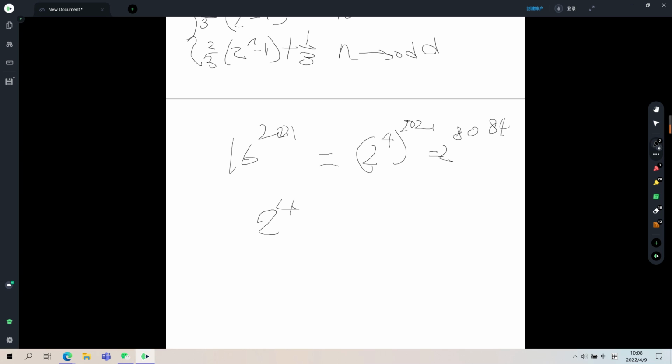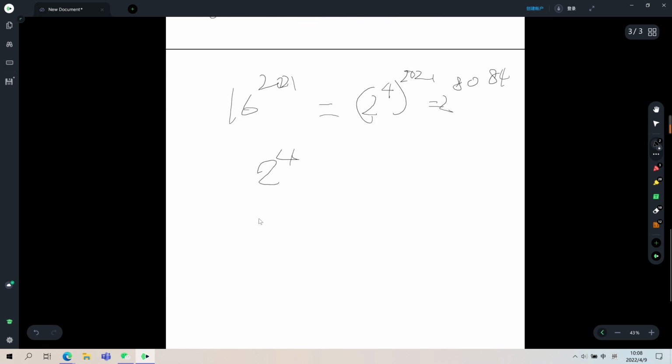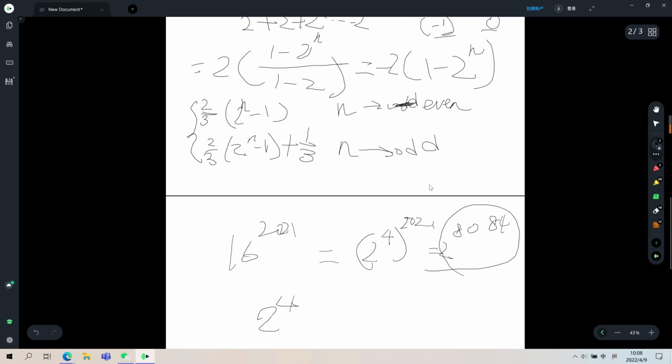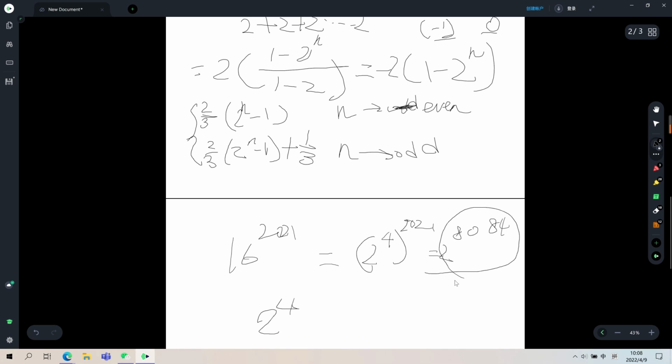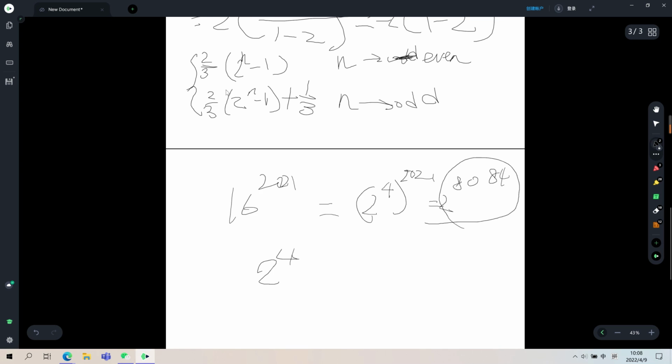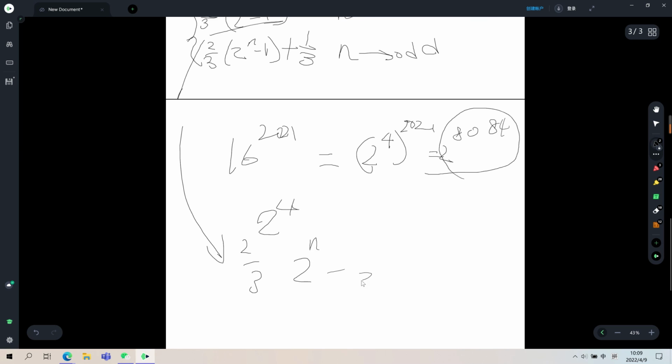And now, because we know that the sum of the b sequence needs to be greater than 2 to the power of 8084, it can be written as 2 over 3 times 2 to the power of n minus 2 over 3.